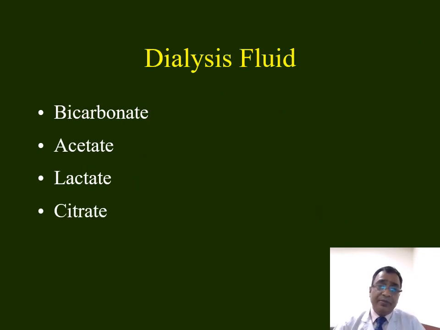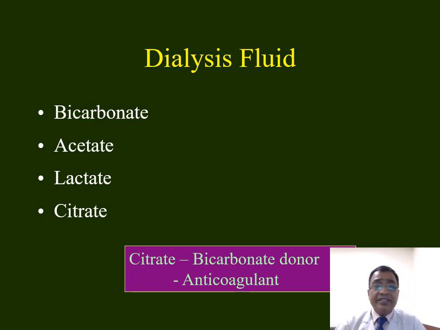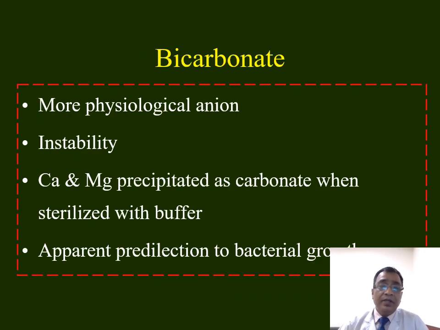Dialysis fluid. These are the various types of dialysis fluid: bicarbonate, acetate, lactate, citrate. Citrate has an additional advantage of anticoagulation along with being a bicarbonate donor. Bicarbonate dialysis fluid is a more physiological anion.